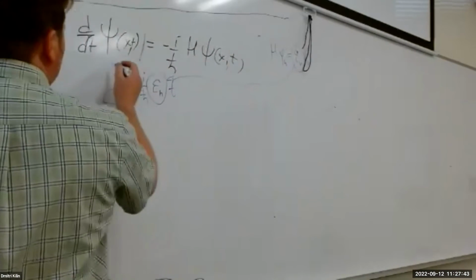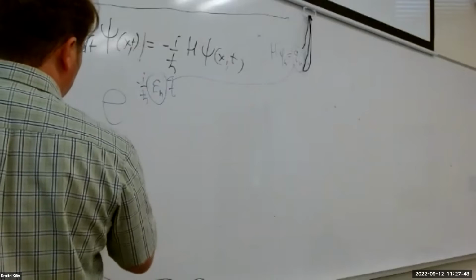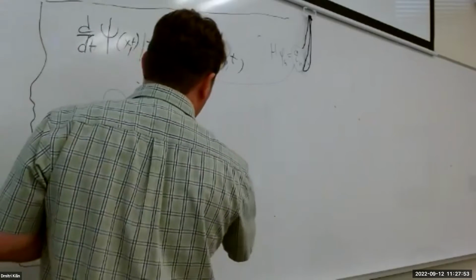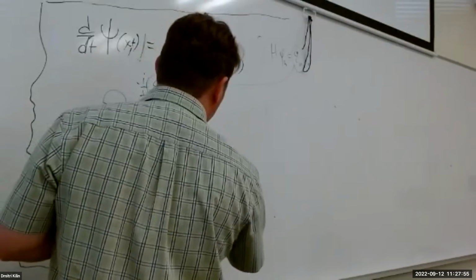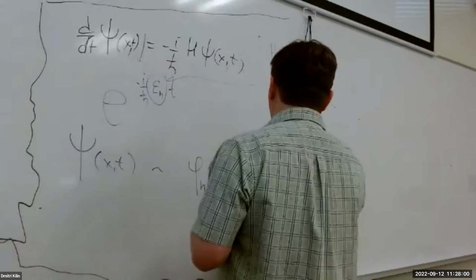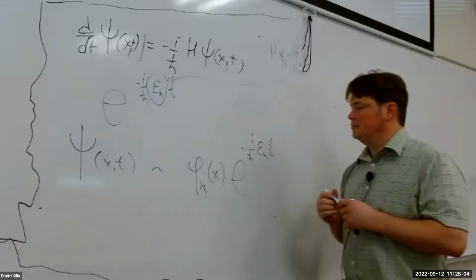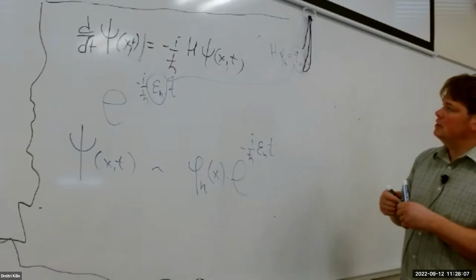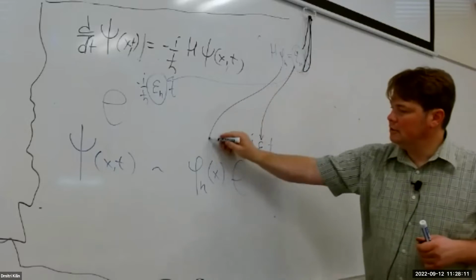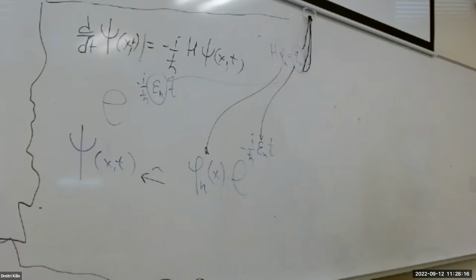So if you want a general solution of psi of x, t, it will have the form of a solution of the time independent Schrodinger equation times e to the power of the energy. So eigenenergy and eigenfunction both contribute to the solution of the time-dependent Schrodinger equation.